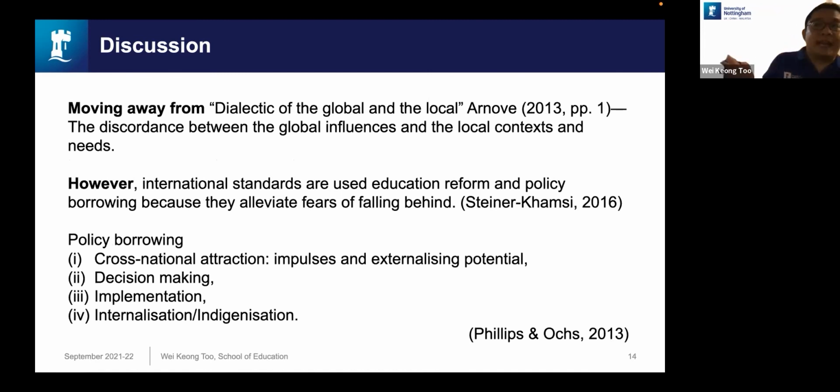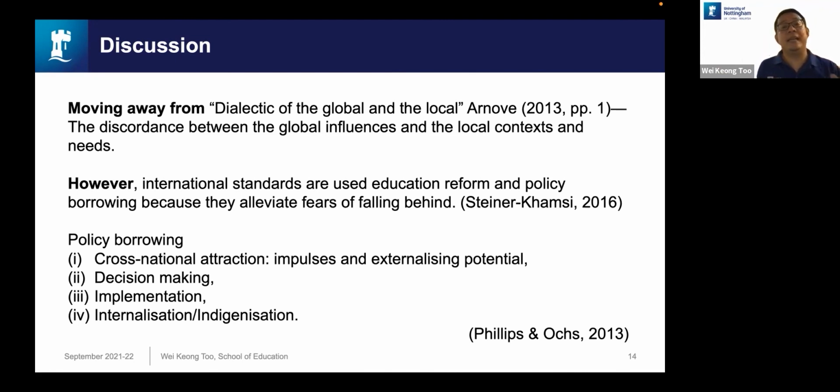And if we look at it, we talk about globalization of the language, the global language literacy. But if you look at the documents that have been presented, most of the documents are slowly moving away from the traditional perspective of a globalized world, globalized English, of dialectic between the global and the local.